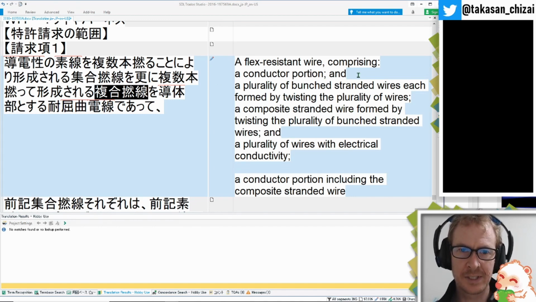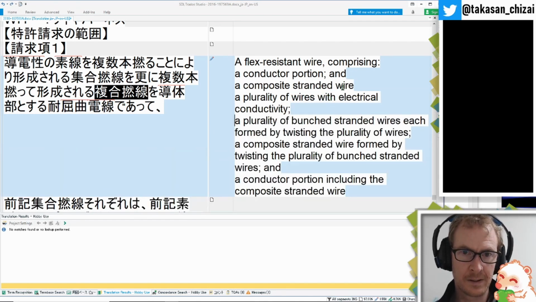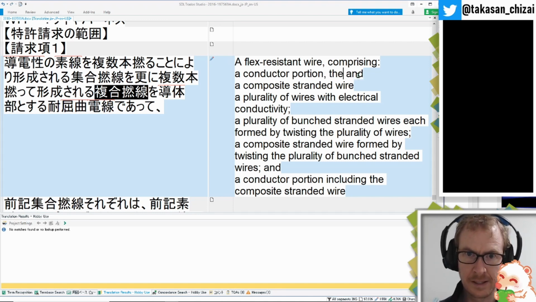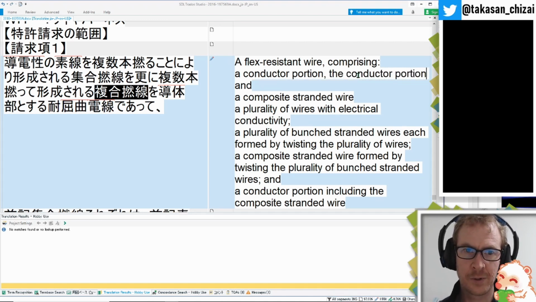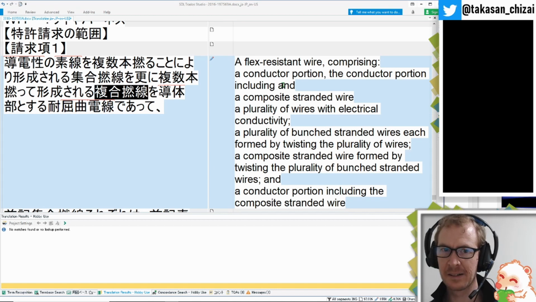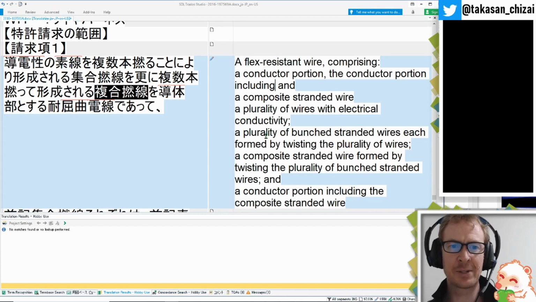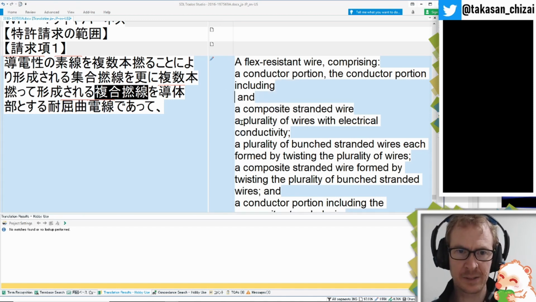The conductor portion including, and so when we do it like this, we've now got the conductor portion as the main part of the wire, and now we have to explain what the conductor portion is.